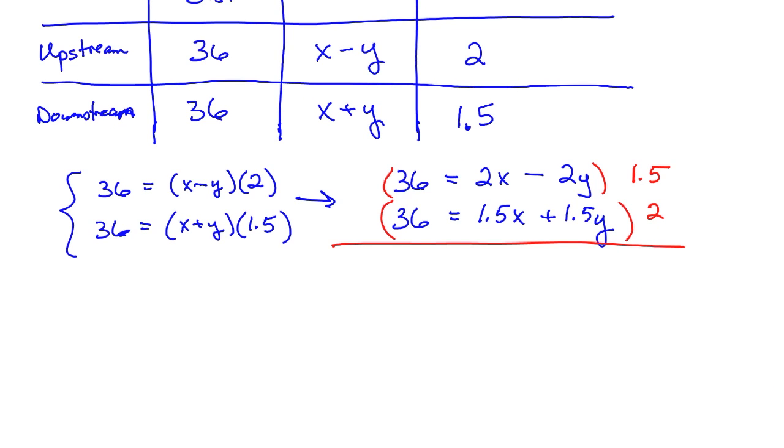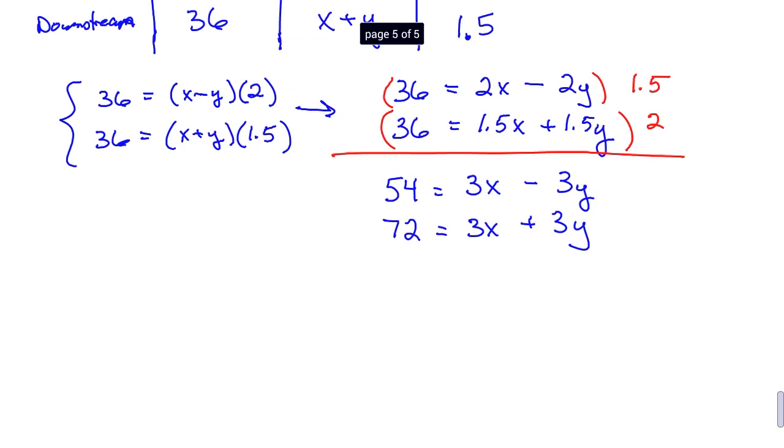So 1.5 times 36 is 54. 1.5 times 2 is 3, so that's 3x, and then minus 3y. Let's multiply the bottom one by 2, so 36 times 2 is 72. 1.5 times 2 is 3. So we're in good shape this time. The y's are opposites of each other.